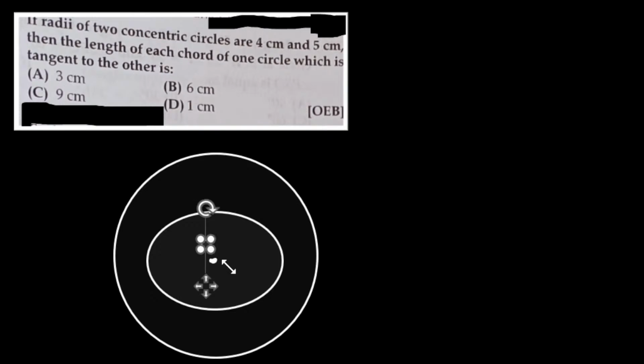Their center is O only. So here I have marked center O. One radius is 4, another radius is 5. The smaller one's radius is 4 and the bigger one's radius is 5.